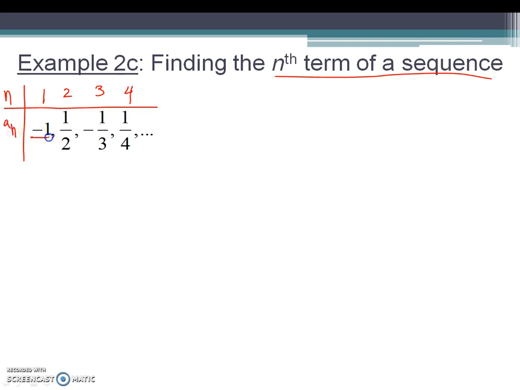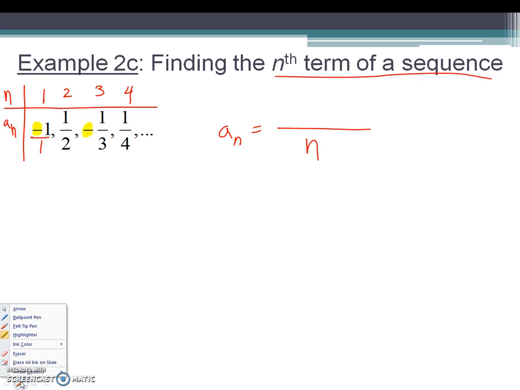Well, remember, we can always think of 1 as 1 over 1 to make it look like a fraction like all the others here. And what you'll probably see is that the denominator of each of these is simply n. And now we are seeing some oscillating behavior happen.